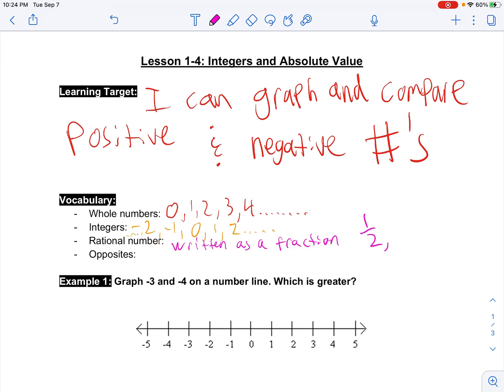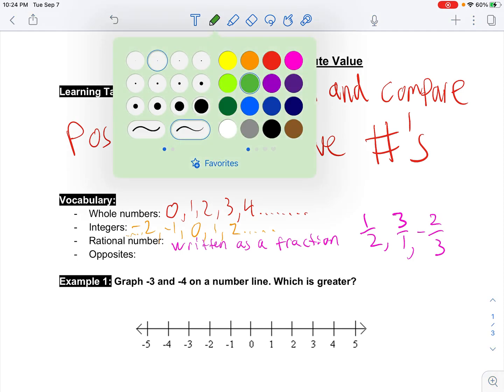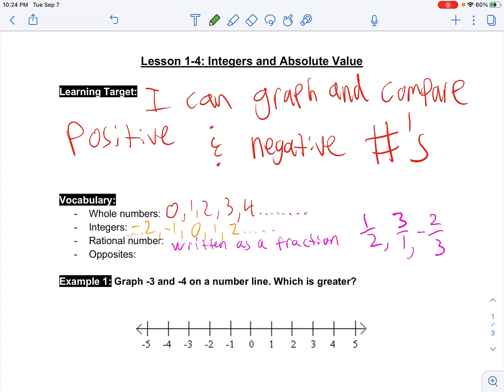Technically, all whole numbers and all integers are rational because I could say 3/1. Technically, 3/1 is a fraction, even though it's really just 3. Or you could say -2/3. That would be a rational number because I can write it as a fraction.